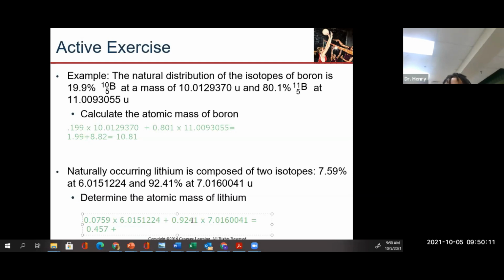So we need 4 sig figs for our answer. The value is 6.483, and then we add these together.